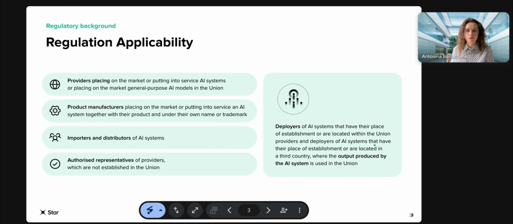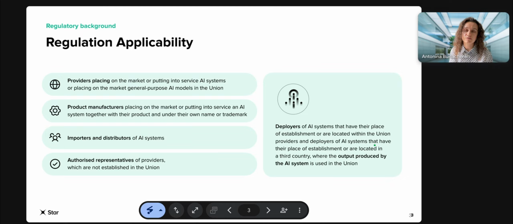So whom does it apply to? It applies to any provider of an AI system that is being placed or put on the market in the European Union. Providers could be either local European providers or they could be coming from third countries. It also relates to product manufacturers that are placing their products on the European market together with AI systems. It also applies to deployers who deploy ready AI systems as part of their business operations.